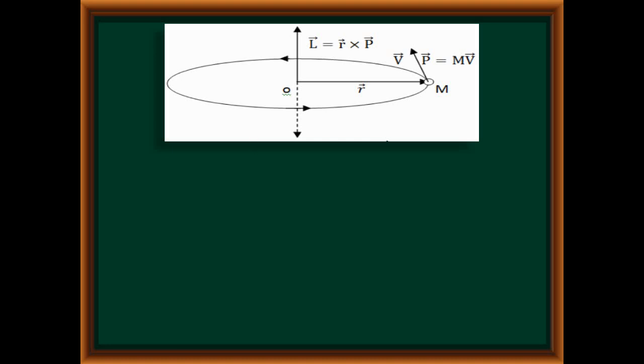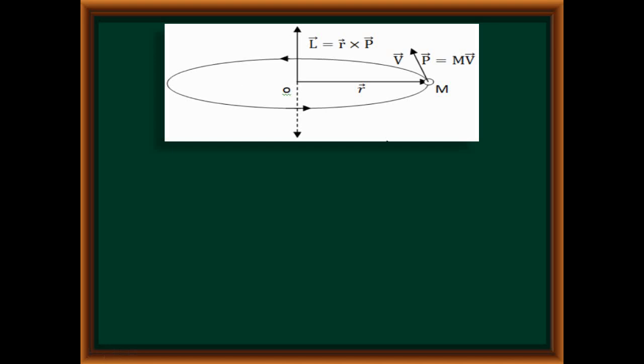In this diagram, we can again see the vector angular momentum and the linear momentum. This is the plane lamina. This lamina is rotating in the anticlockwise sense. O is the center of the circular lamina, and the axis of rotation passes through O, which is perpendicular to the plane of the lamina.